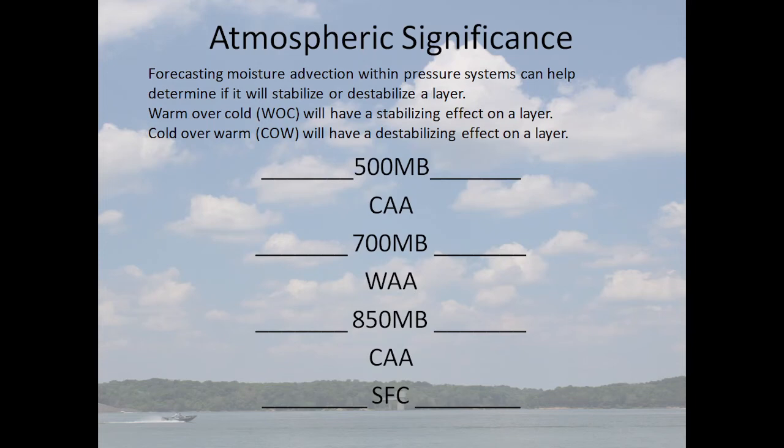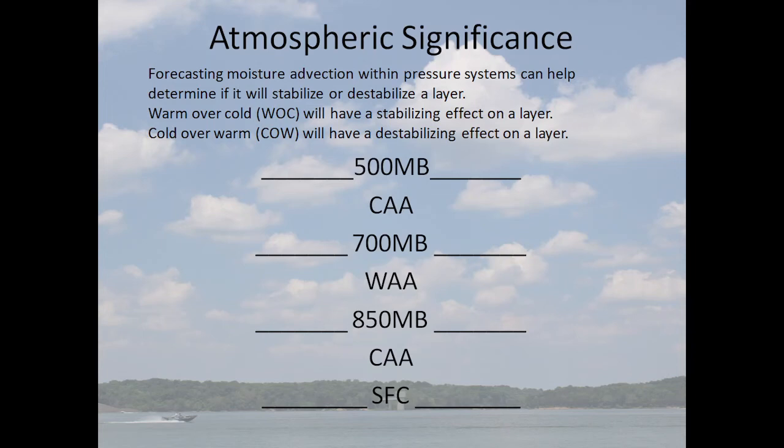This would be a good indicator, like a subsidence inversion. You could push that air down and create a higher pressure on the surface and cap it off and create a stable layer when temperatures increase with height. That is a stable layer. In the atmosphere naturally, temperatures decrease with height.